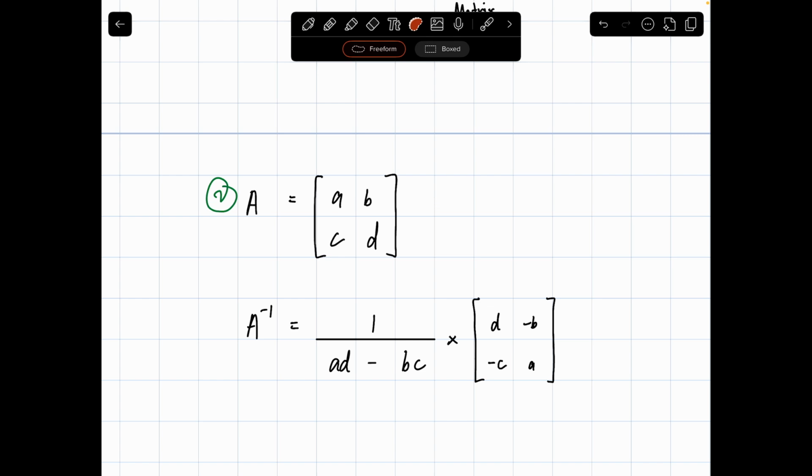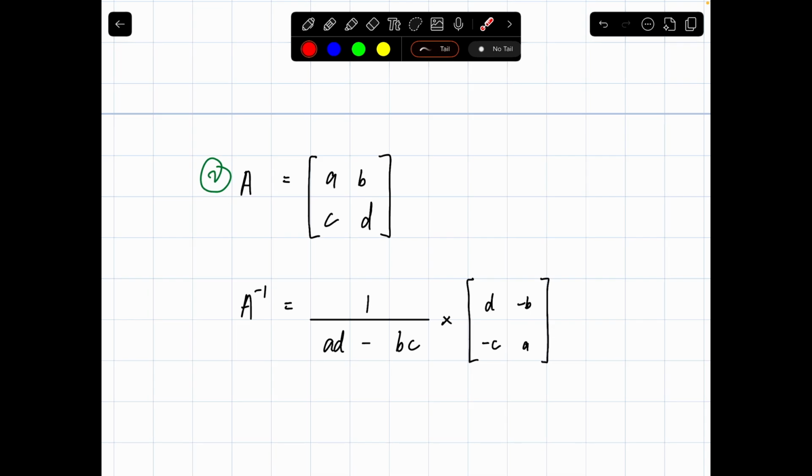Given matrix A is A, B, C, and D, its inverse will always be 1 over AD minus BC, multiplied by a rearrangement of the given matrix.